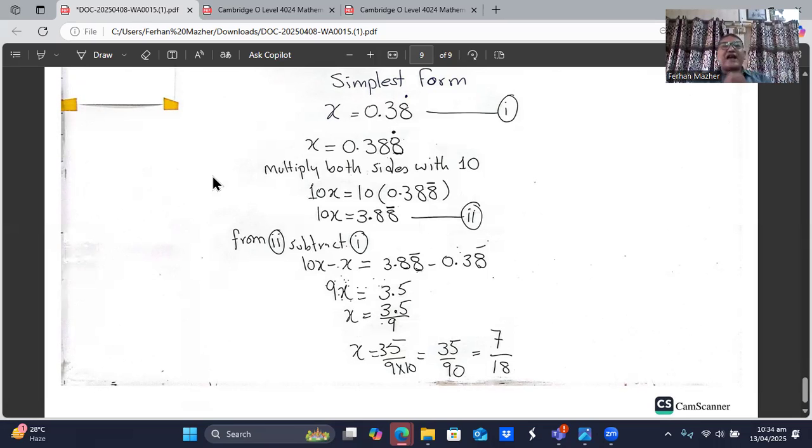This is brand new content which has been added into the Cambridge O-Level Mathematics Syllabus D. We have very few questions because these questions are not in your past papers. So no matter how much you have practiced your past papers, you will not get this topic in them.